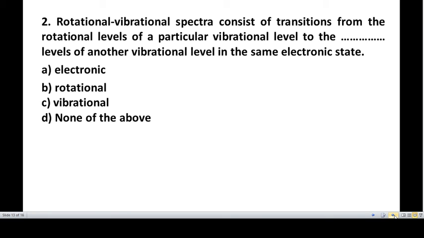Second question: rotational vibrational spectra consist of transitions from the rotational levels of a particular vibrational level to the dash levels of another vibrational level in the same electronic state. The options are electronic, rotational, vibrational, none of the above. The correct answer is rotational level.